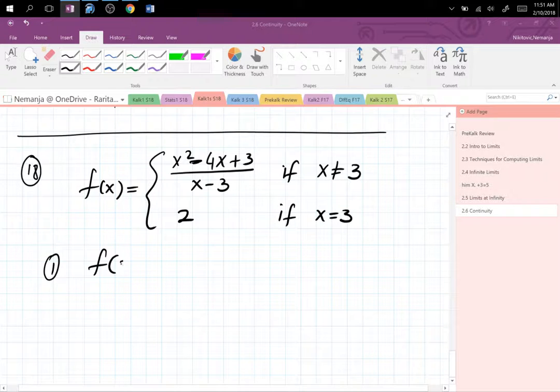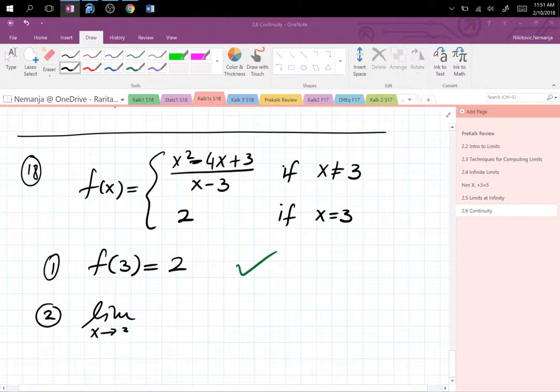Number 1, f of 3 is 2. Thank you. Pass. Number 2, limit as x goes to 3 of x squared minus 4x plus 3 divided by x minus 3. Is there a nice way to factor this?